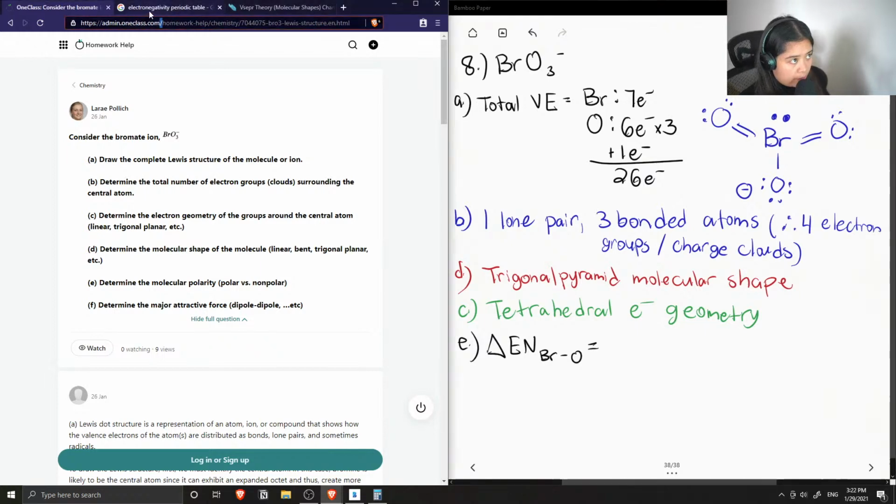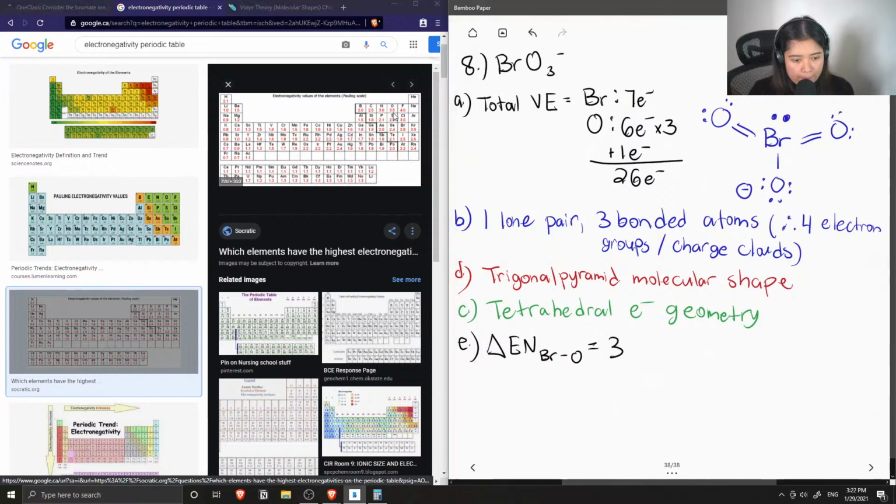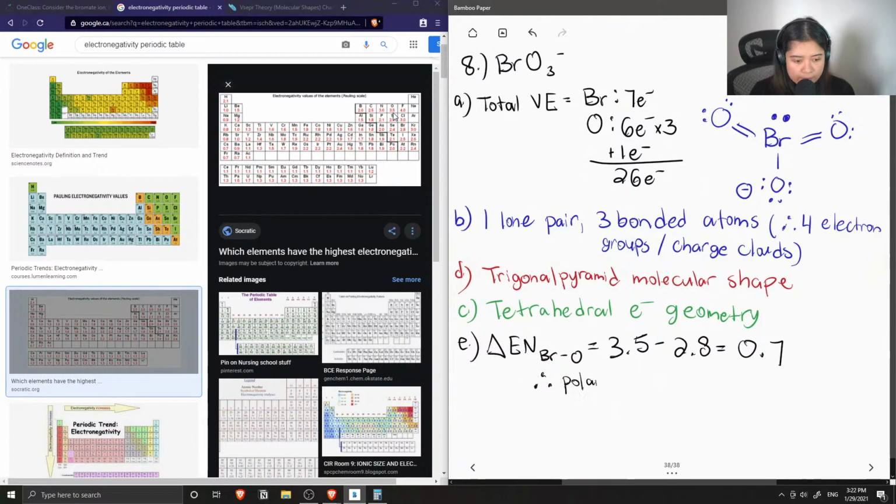So let's look up their values. So oxygen has an electronegativity value of 3.5, sorry. And bromine has an electronegativity value of 2.8. So the difference between the two is 0.7. So therefore, we have a polar bond.